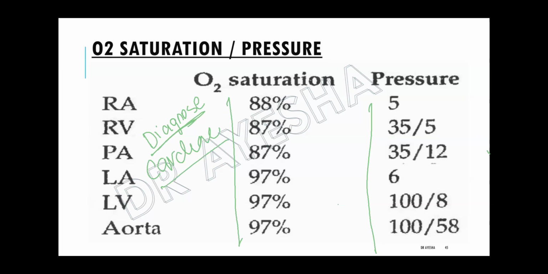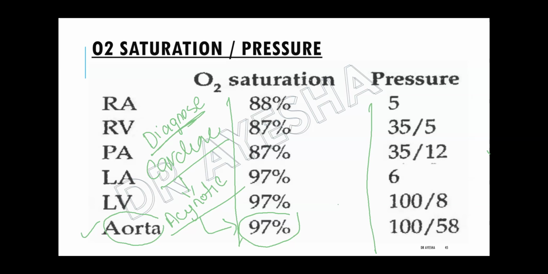The first rule is to start with the saturation of the aorta. Listen very carefully. This is the first step. When you look at the aorta saturation, it is 97. So your mind clearly categorizes that you are dealing with an acyanotic situation, because the saturation is more than 94%.